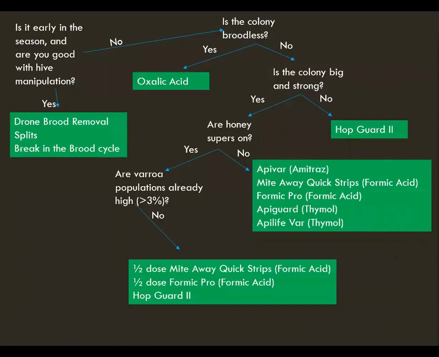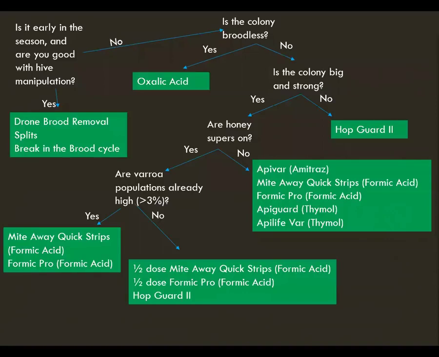So that's basically like this time of year, or we can use HopGuard 2. And remember that that works best when you're using one followed by the other. If the Varroa populations are already high, then we do need that knockdown. And if the honey supers are on, then our options are really the formic acid versions.